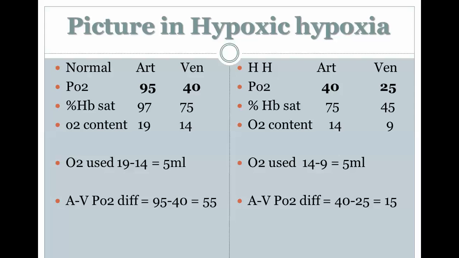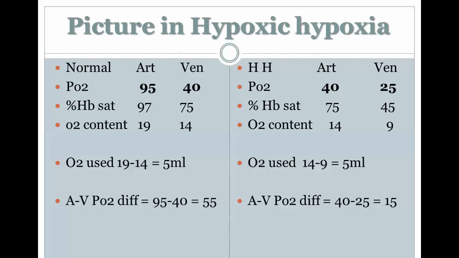The 97. The venous, 40. How much do you expect? We say that 60 equals 90% saturation. For 40, in the steep portion, yes, 75, excellent.